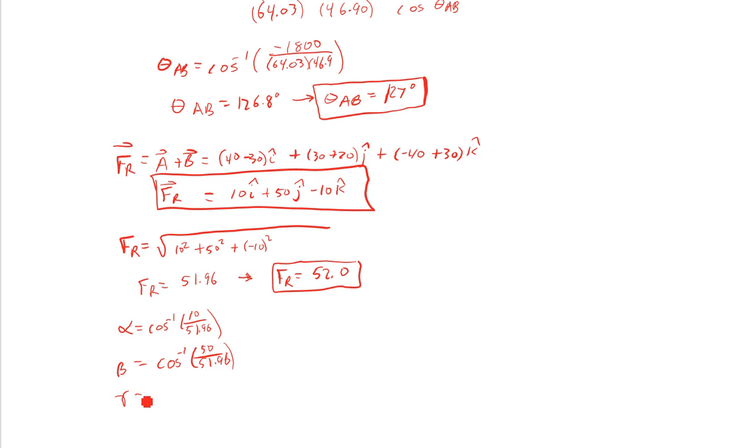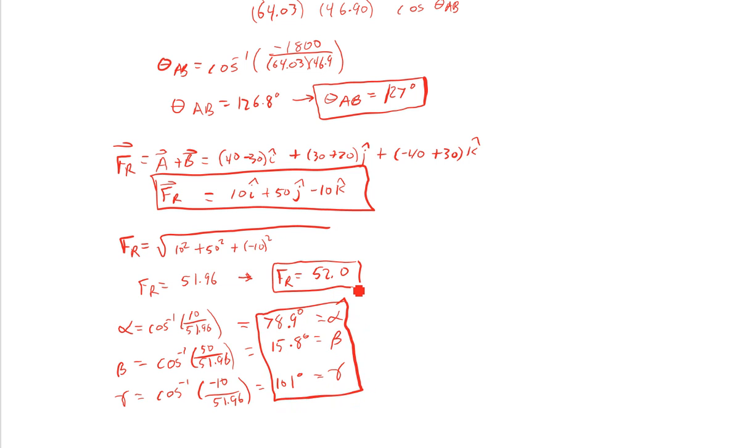And gamma is the arc cosine of our k component, negative 10, over magnitude 51.96. So I got 78.9 degrees, 15.8 degrees, and 101 degrees. So that gets us our alpha, beta, gamma.